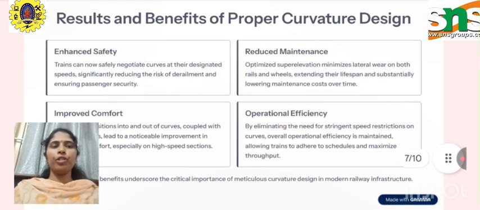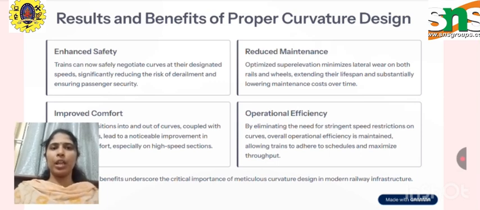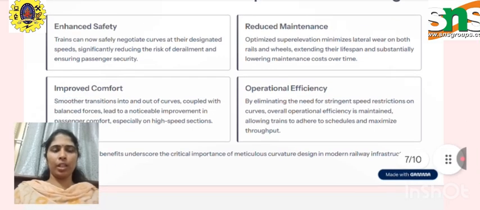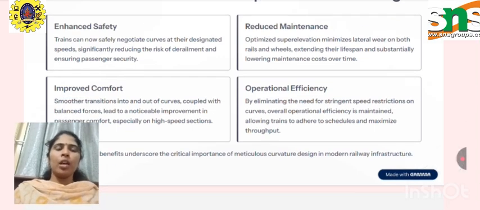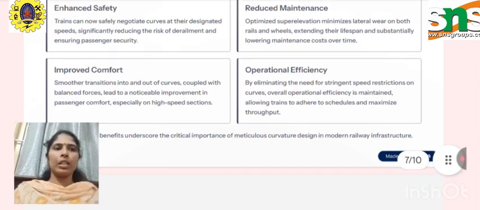Results and benefits of proper curvature design. Enhanced safety: trains can now safely negotiate curves at their designated speeds, significantly reducing the risk of derailment and ensuring passenger security. Reduced maintenance: optimized super elevation minimizes lateral wear on both rails and wheels, extending their lifespan and sustainability, lowering maintenance cost over time.